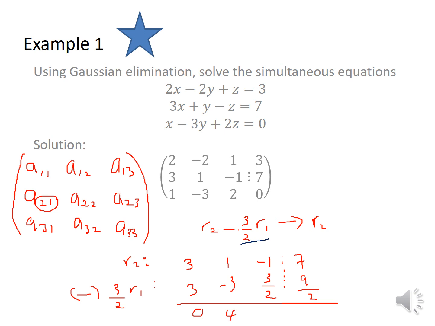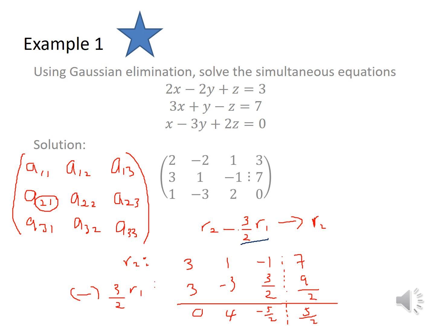Negative 1 minus 3 over 2 is negative 5 over 2. 7 minus 9 over 2 is 5 over 2. So this will be my new R2, the whole second row.